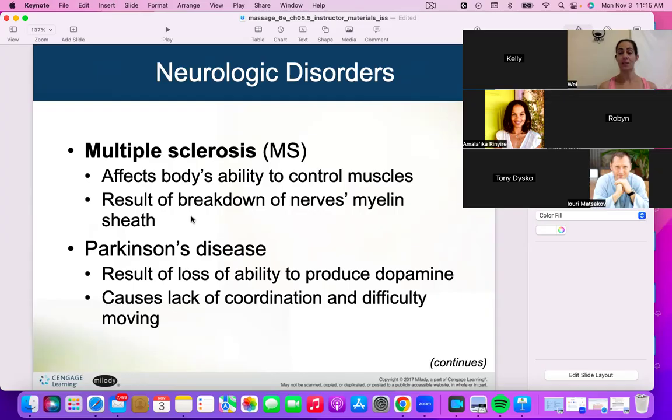Addiction actually gets your dopamine up when you get what you want. Our phone gives us dopamine. So when we lack dopamine, it's not a happy person. Also, it causes lack of coordination and difficulty moving.